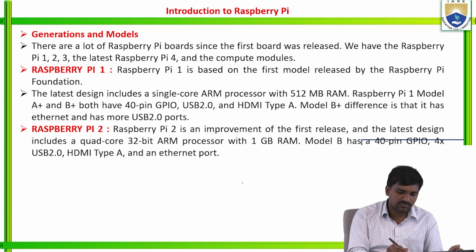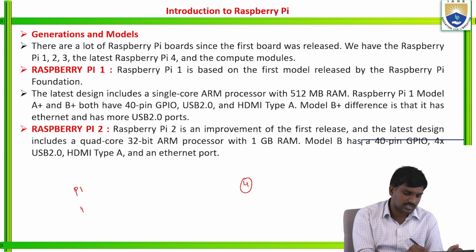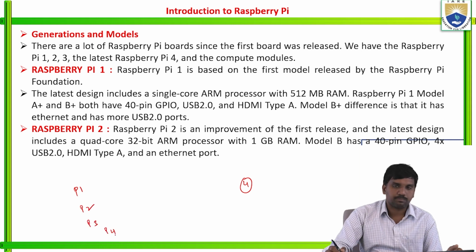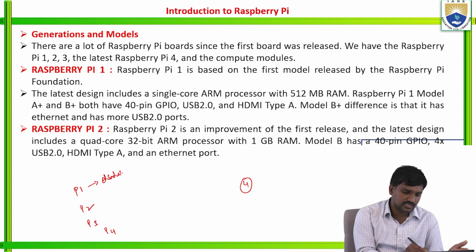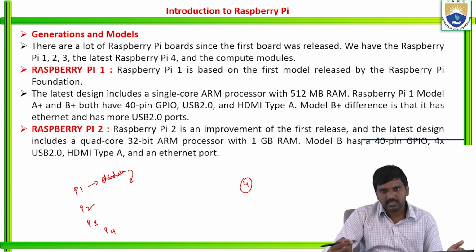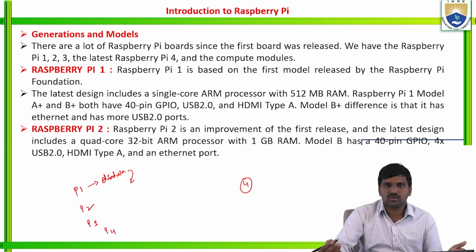Basically, we have four models here: Raspberry Pi P1, Raspberry Pi P2, Raspberry Pi 3, and Raspberry Pi P4. These are some disadvantages, so in order to overcome that, we go for P2. In that also we have some limitations, so to cross that, we go for the third one.